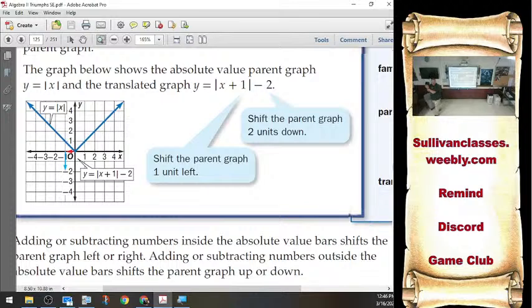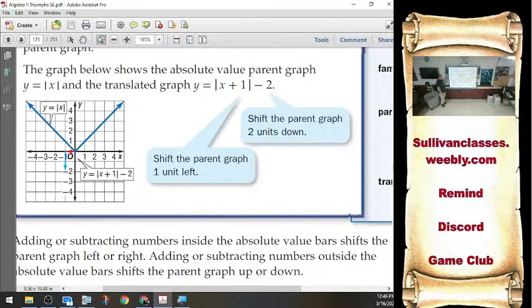You remember me saying you need so many points on there so they don't look like V's? This is why. Because I want a parabola to look like a U. I want it to have a little room at the base. But these are absolute value. They need to be sharp and pointy. They're V's.